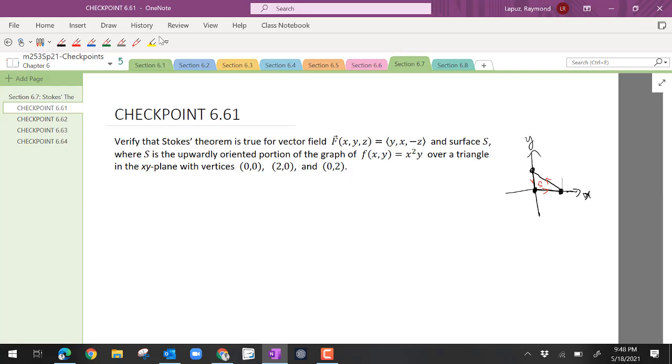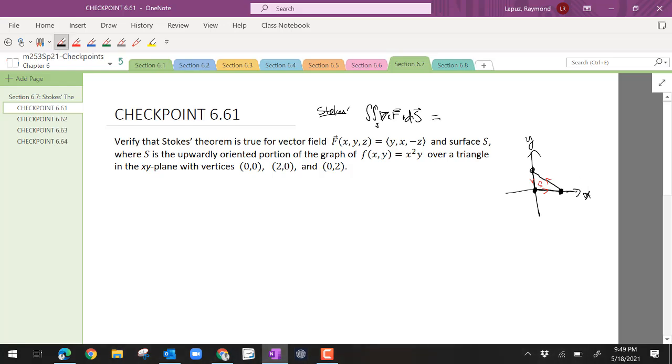So let's write down Stokes' theorem. Stokes' theorem says that we are trading a flux of the curl. So here's the curl, and this is a flux double integral over a surface dotted with dS, where dS is the normal vector, and this is a normal going upward.